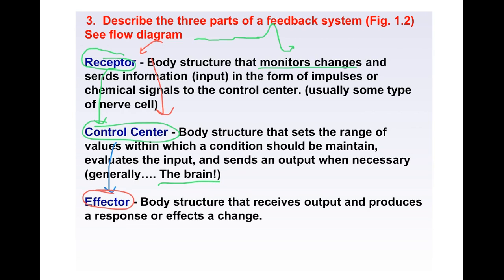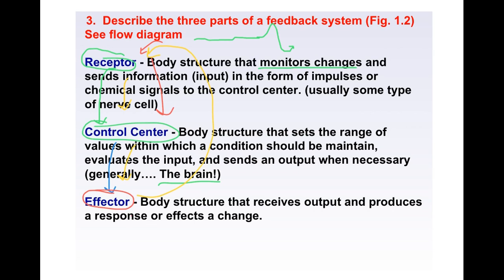And these are body structures that receive the output from the control center and produce some sort of response that affects a change. So, if blood glucose level became too high and the effectors brought it back down, the receptors will detect that glucose levels are down, and they will stop sending their signals to the control center, which will stop the signals to the effectors.